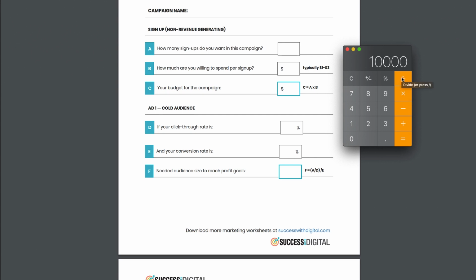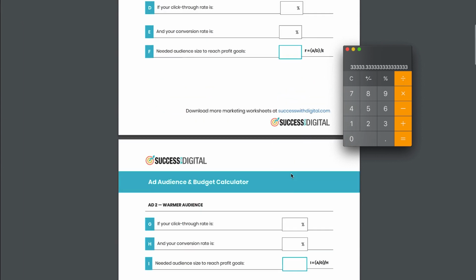Then we would want to come in here and divide that by the 30%. And then when you do that, you can see how many impressions you're going to need. So I would mark in this box 33,333 is the needed audience to reach the profit goals. So with our budget of $300, we want to reach 33 and some odd impressions.